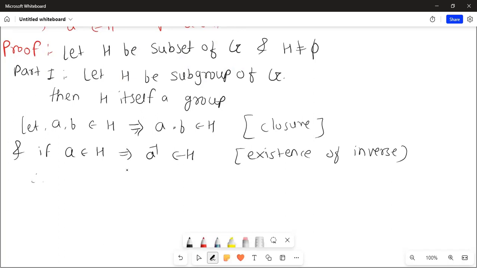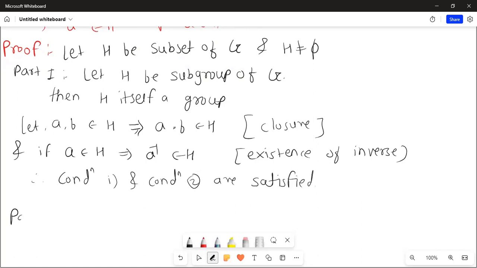And therefore condition 1 and condition 2 are satisfied.